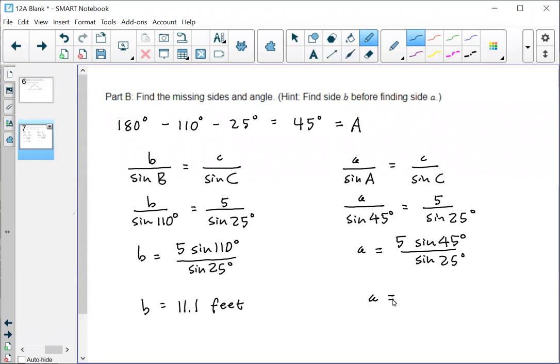Calculating this, we get A is about 8.4 feet.